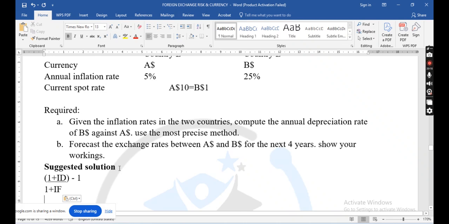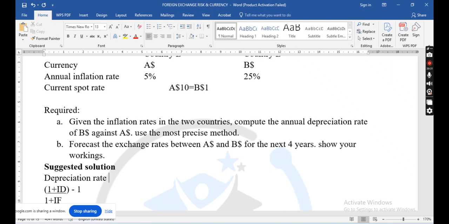So the formula for calculating the depreciation rate of B dollar against A dollar.